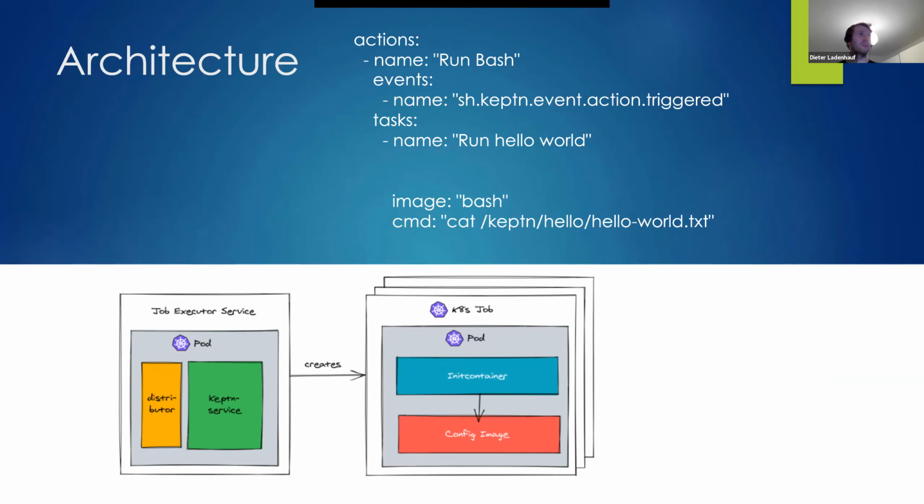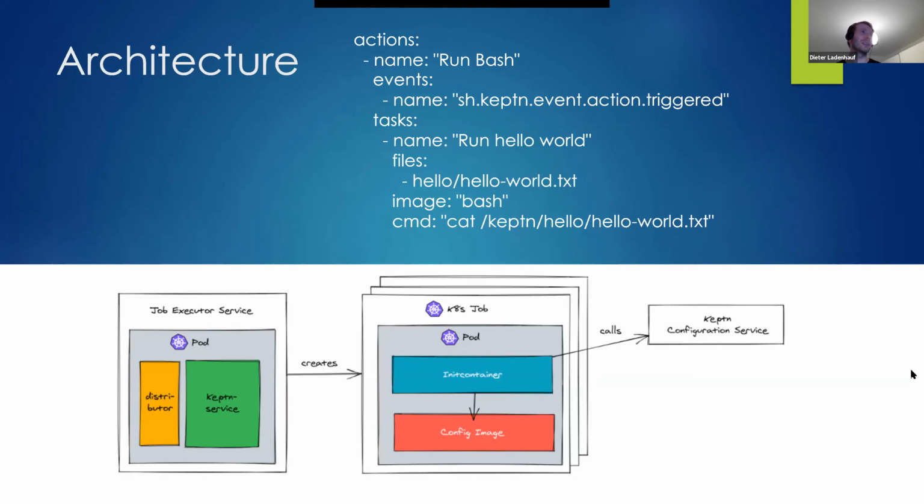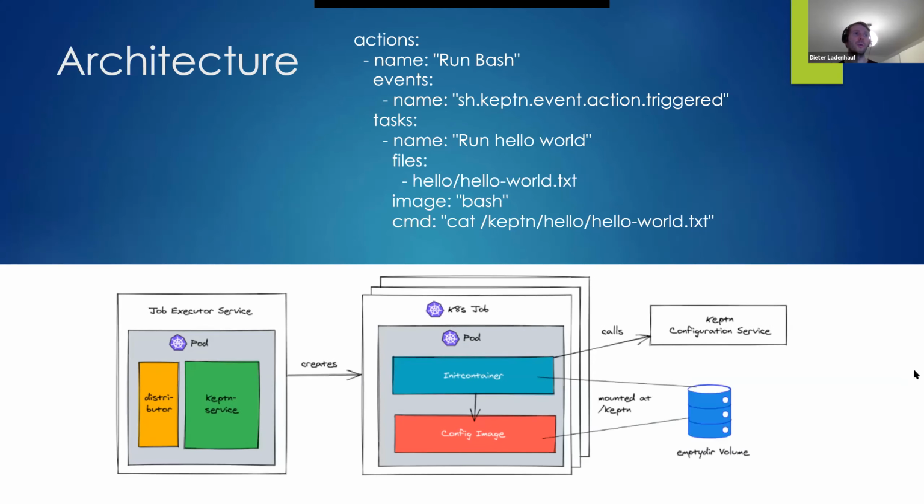And you're by now probably wondering, okay, where does the file come from? And why is there such a hole within the config section? Yeah, you guessed it. You can specify a list of files you want to attach. And the way it works is that the init container calls the Keptn configuration service for you, downloads these files and puts them into a volume, which is attached to the init container itself and the Kubernetes job.